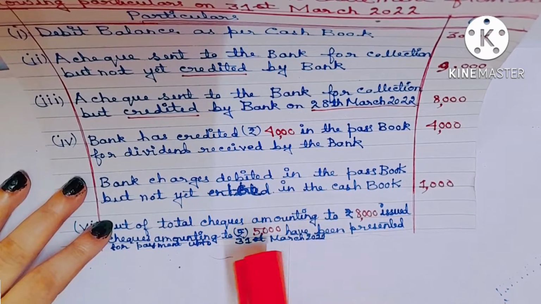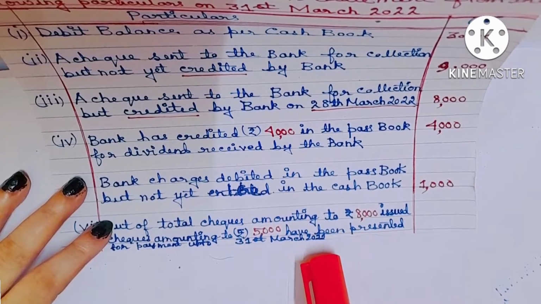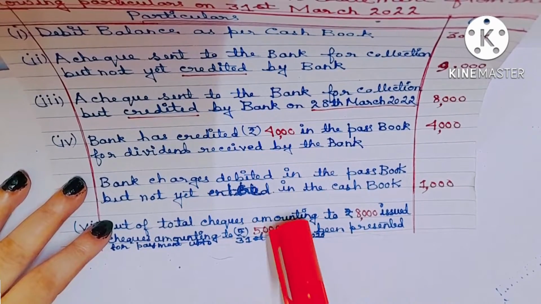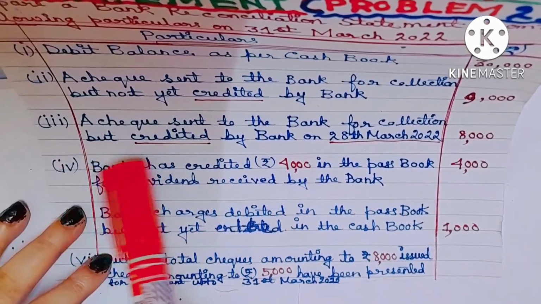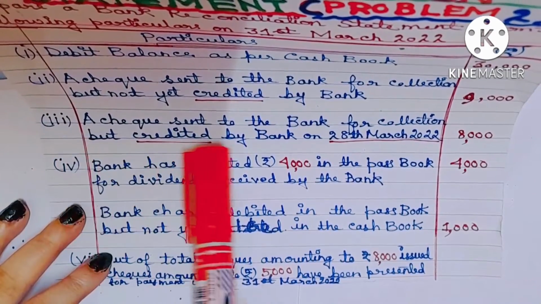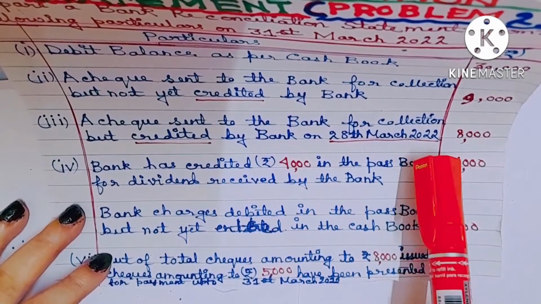There were 2 checks. One check has been presented within 31st March 2022, and the bank has deducted rupees 5,000. We don't have to add or deduct, since the bank has already deducted 5,000 within 31st March 2022. We don't have to add or deduct this amount. See, just like number 3: a check sent to the bank for collection but credited by the bank on 20th March 2022, 8,000.